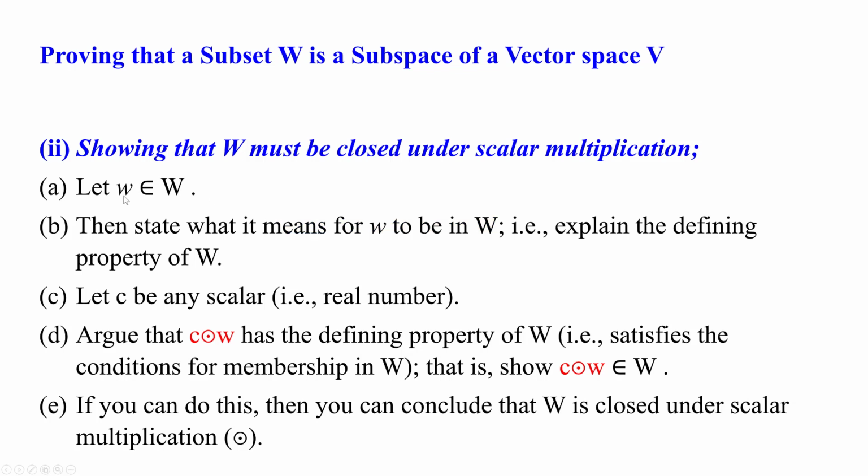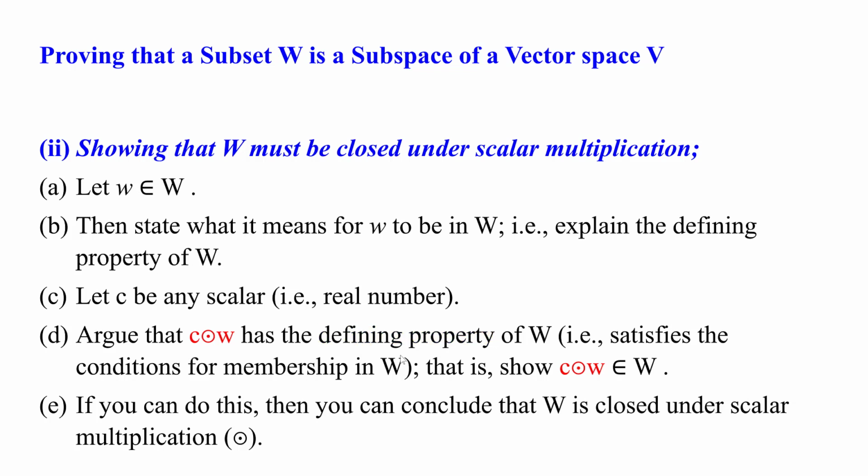If the vector is in there, it has to satisfy those conditions. That's what you need to use to complete this proof. You choose an arbitrary scalar, then you show that c times the vector has that defining property.